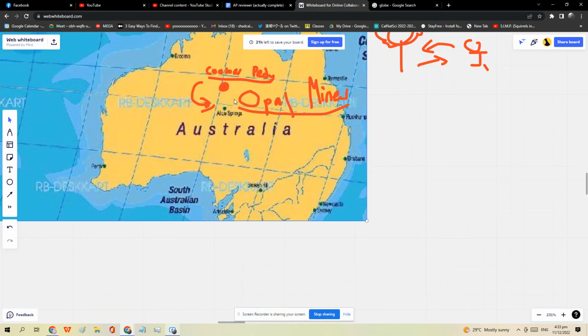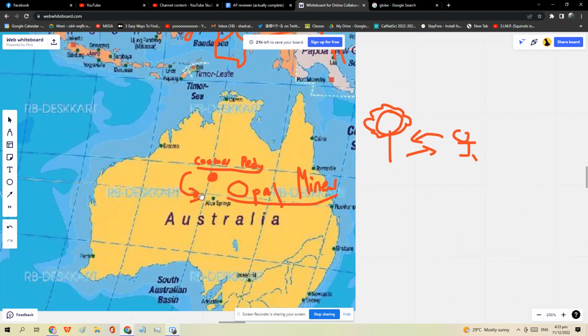Okay. Now let's say, for example, this is Australia. There's a city called Coober Pedy, and they're known for opal mines. So we can tell from this reputation that the relationship of Coober Pedy's residents with the city is opal mining.